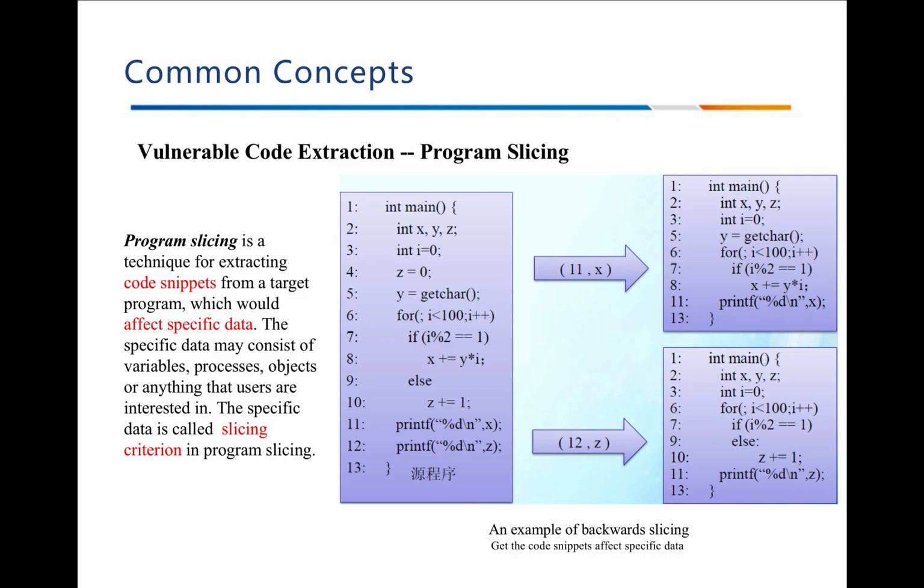Program slicing is a technique for extracting code snippets from a target program, which would affect specific data. The specific data is called the slicing criterion in program slicing.